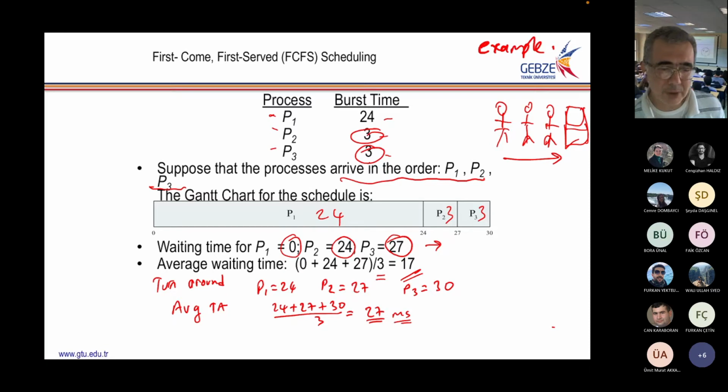How are you going to fix this? If they arrive in other order, dispatcher... Yeah, dispatcher will say, if it is preemptive, let's work on P2 because their job is short. So you can leave P1 for a while.